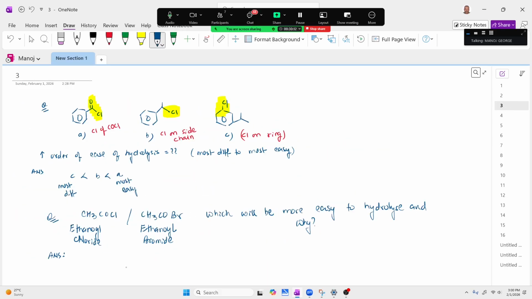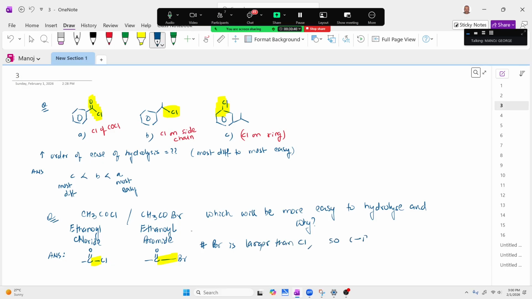You see, in this case, this is COCl, correct? And in this case, it is COBr. Did you notice the difference in the bond length? Why is it like that? Br is a bigger atom, no? Br is larger than Cl.